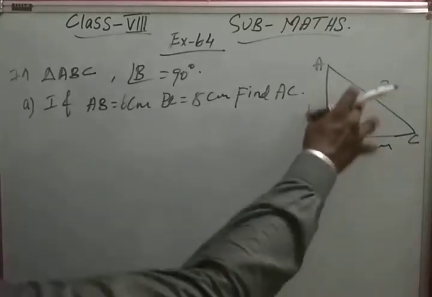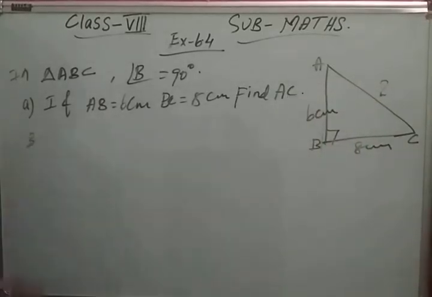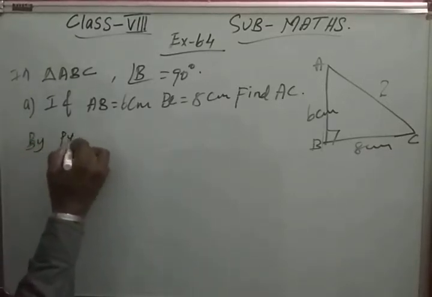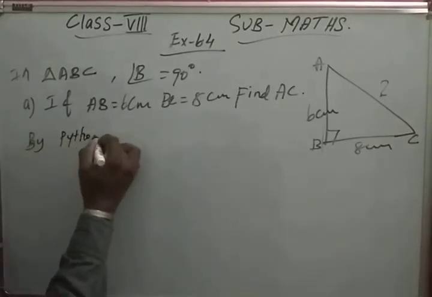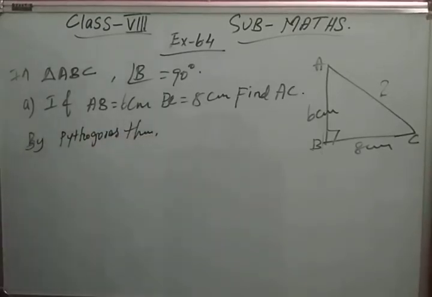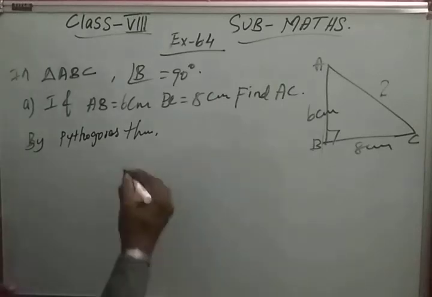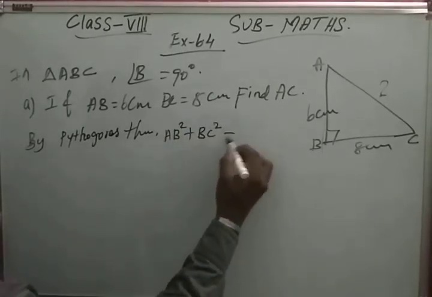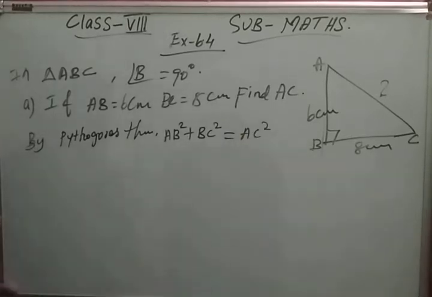So by Pythagoras theorem, AB square plus BC square is equal to AC square.